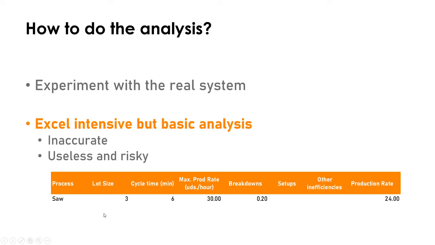So we can do that for every single process in our system, and that would give us an idea of where our bottleneck is. And we can decide based on those numbers where it is worth investing. But that is not very accurate, and again, it's risky and still useless because we do not see the effect of the interconnection of the different processes, because there are buffers between some of those, and sometimes you don't have enough buffer.